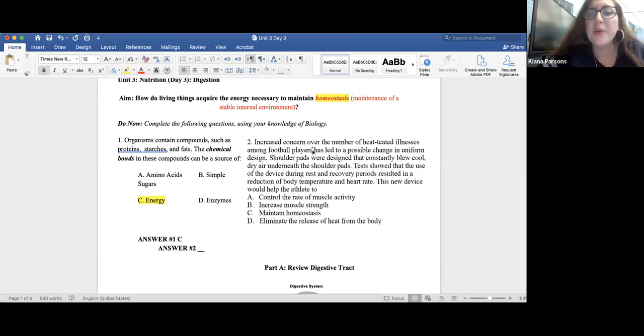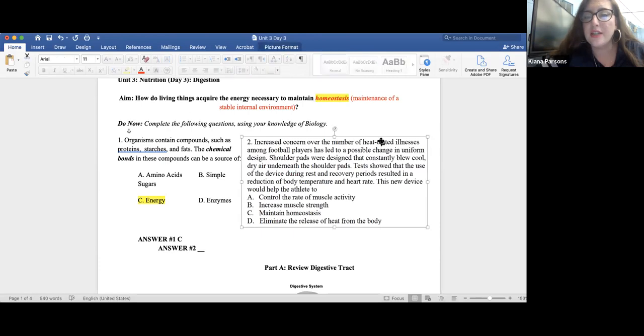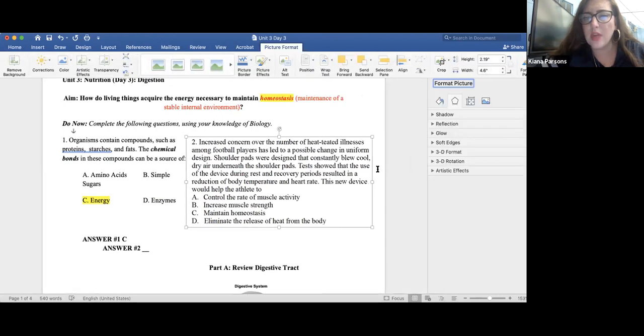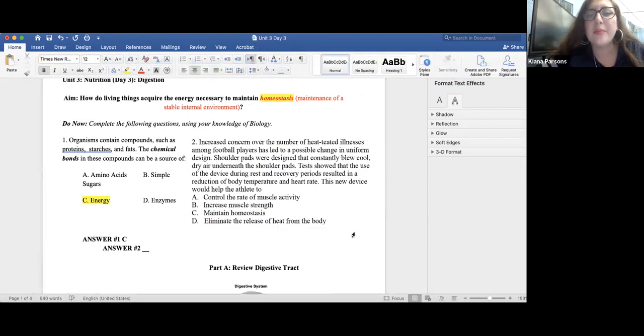And number 2, increased concern over the number of heat-related, I think that's supposed to say related, excuse me for having my brain broken for a moment, but increased concern over the number of heat-related illnesses among football players has led to a possible change in uniform design. Shoulder pads were designed that constantly blew cool, dry air underneath the shoulder pads.